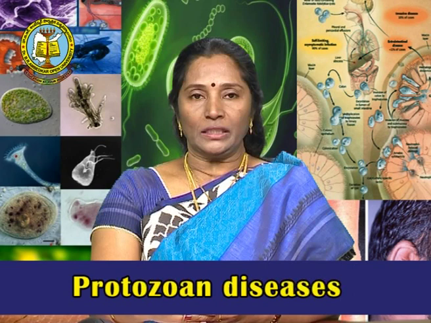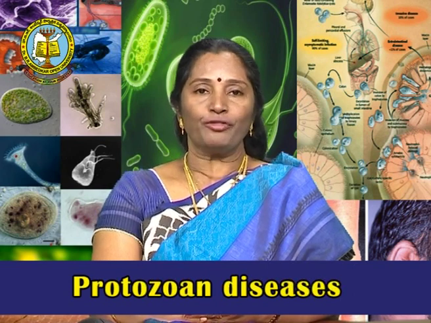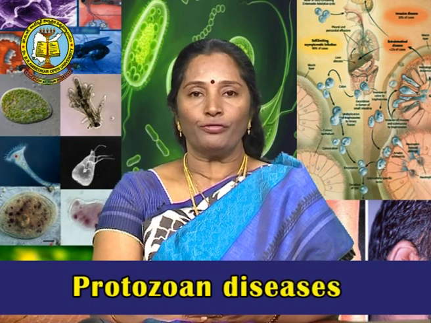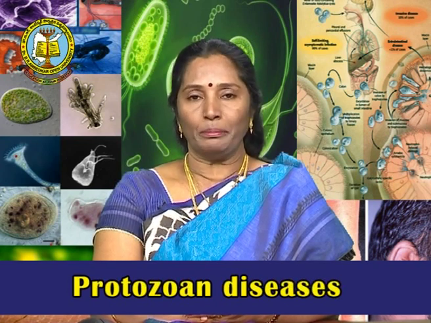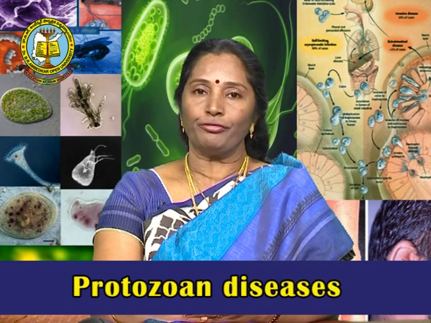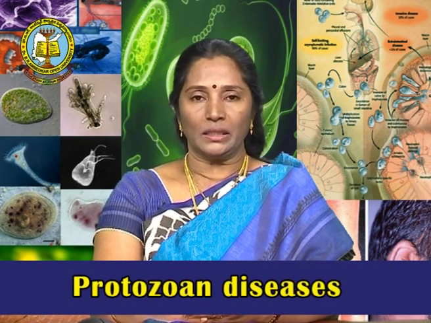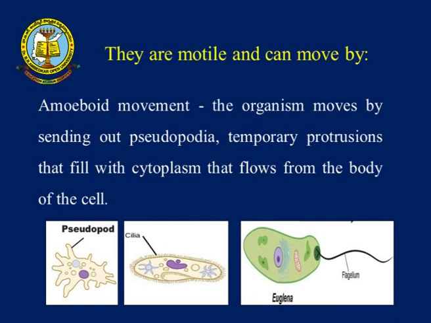Now, the characteristic they have is different types of motility. These parasites have to move from one place to another for their living, that is, in search of their food. There are three types of motility in them. The first is amoeboid movement, where the organism moves by sending out pseudopodia, that is, temporary protrusions filled with cytoplasm that flows from the body of the cell.